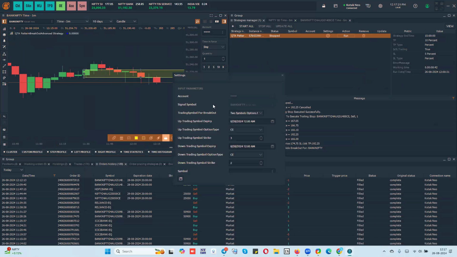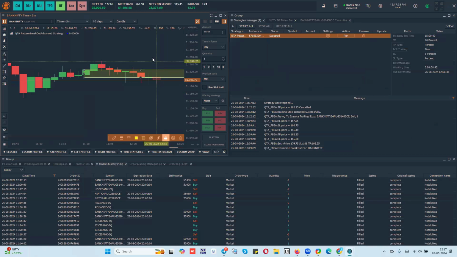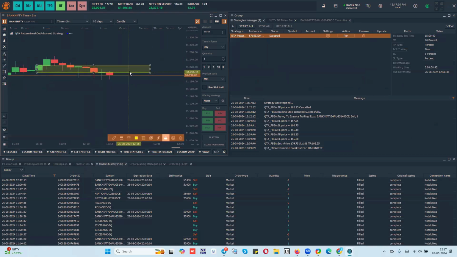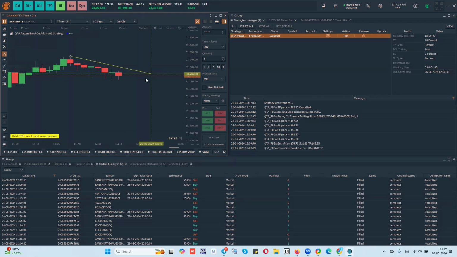Let's move to making some small changes. I would like to buy a put option rather than a call option. That's a mistake I did earlier. Then let's move this range, or maybe we'll look at some other type, so maybe we will do triangle breakout.